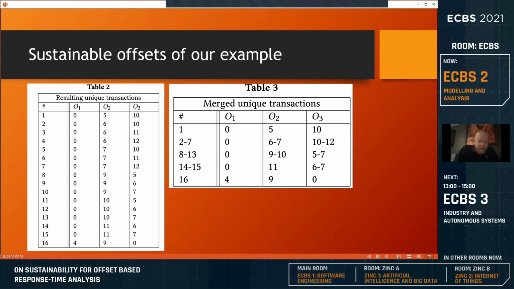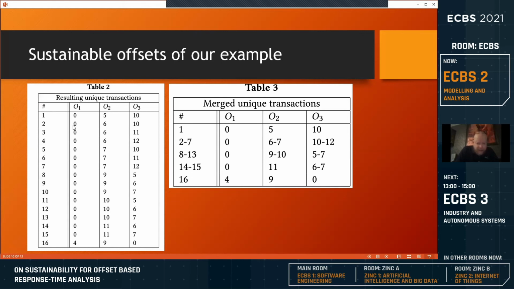So we generated all possible offsets that are sustainable and got this list. And from this list, we can further merge to get a more compact representation of this information. For example, the first row cannot be merged with anything.